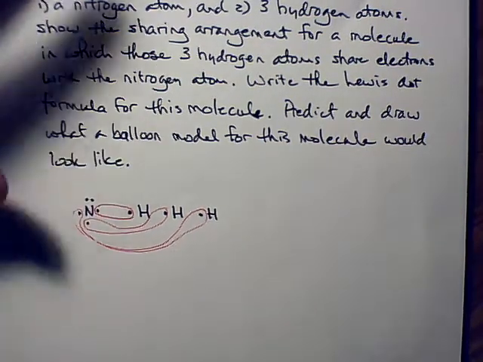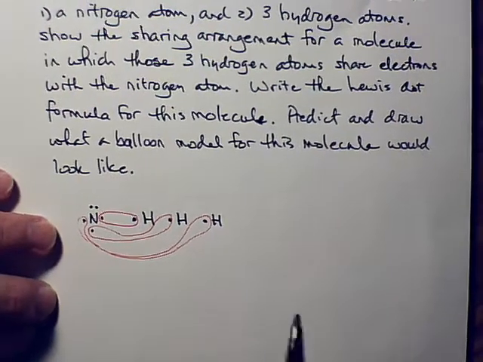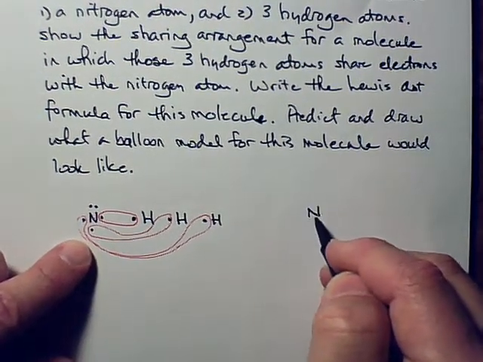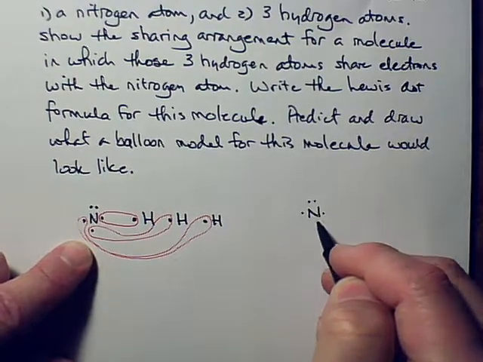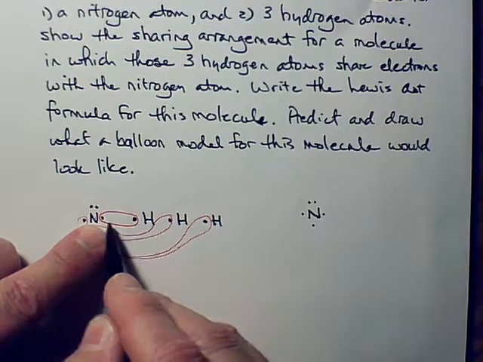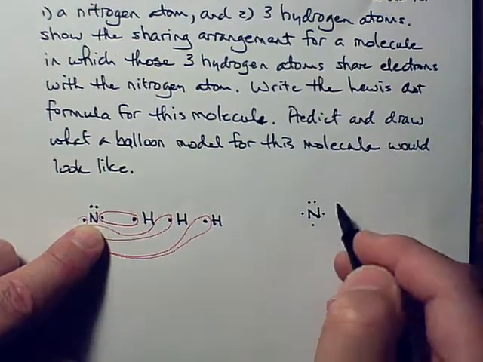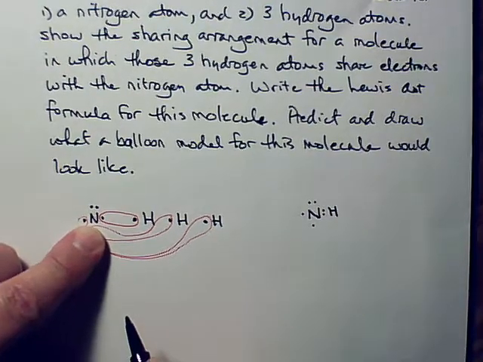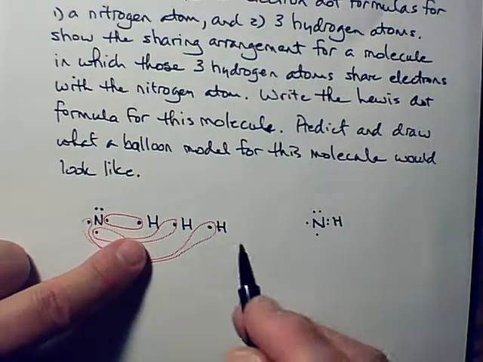Okay? And now we want to go to the Lewis dot formula. So the Lewis dot formula, we simply take and write the original nitrogen symbol here. But then where we're sharing an electron, we're going to squeeze these electrons between the element symbols. So we're squeezing those 2 electrons between the symbol for hydrogen and nitrogen. And we're going to squeeze the others.